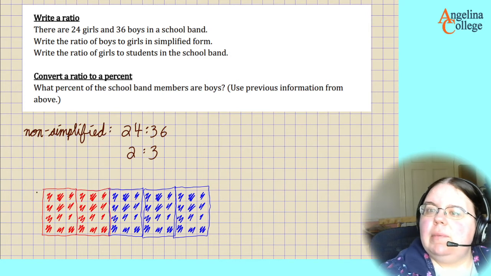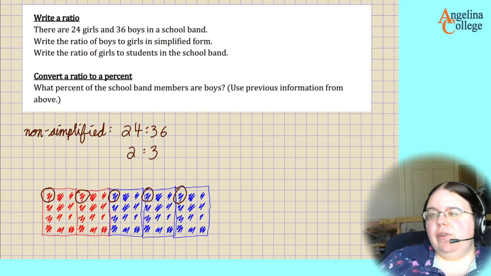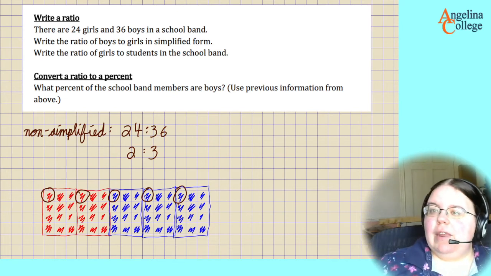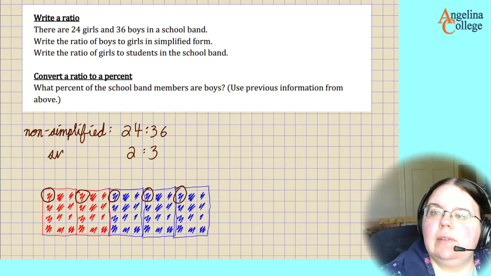So, for example, for these 2 girls here, there would be 3 boys that correspond to them. And then 2 and 3 are both prime, so they're not going to have any more common factors, so this would be the simplified form.